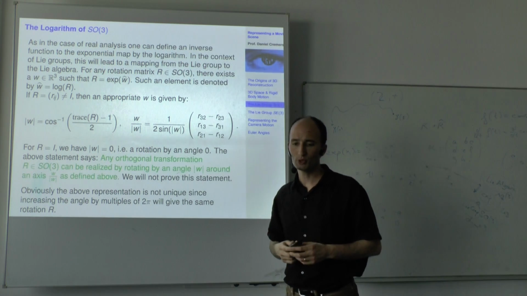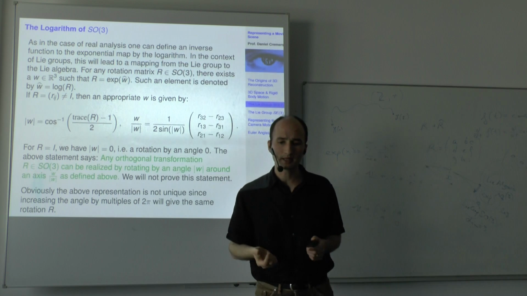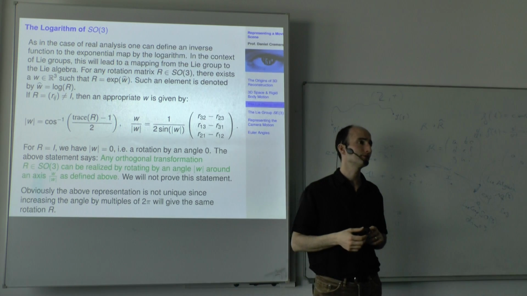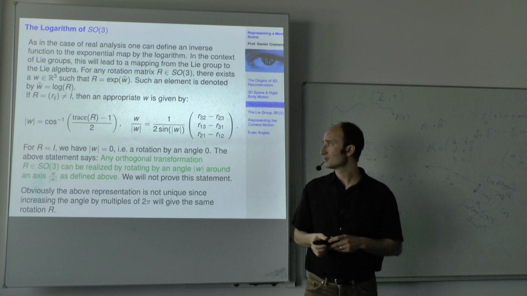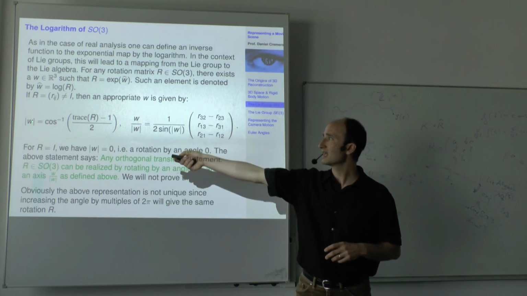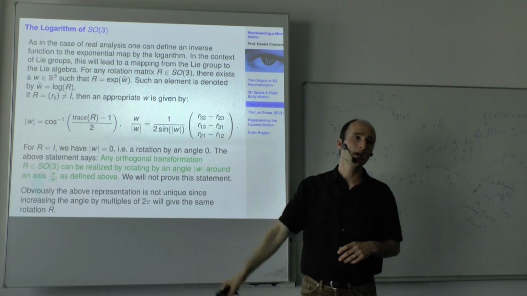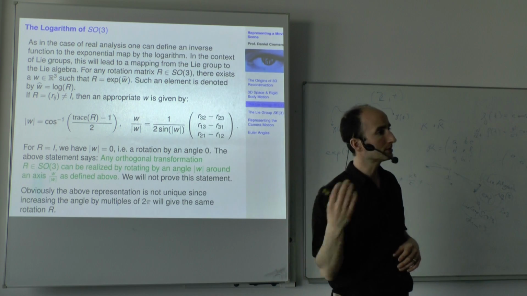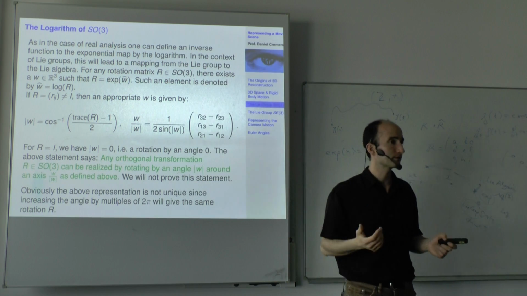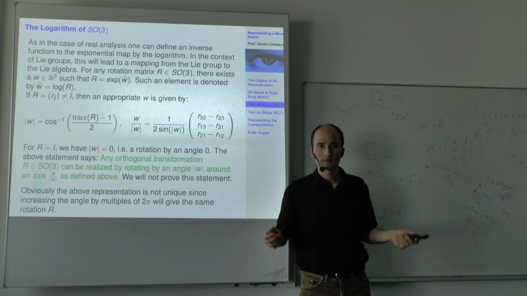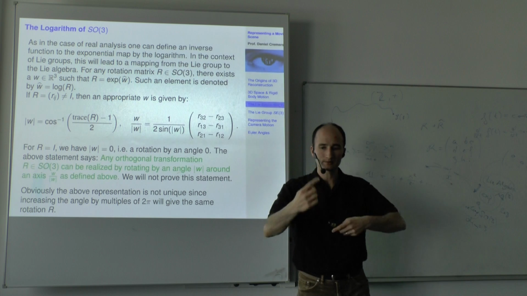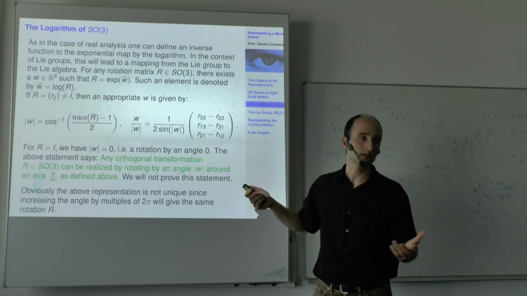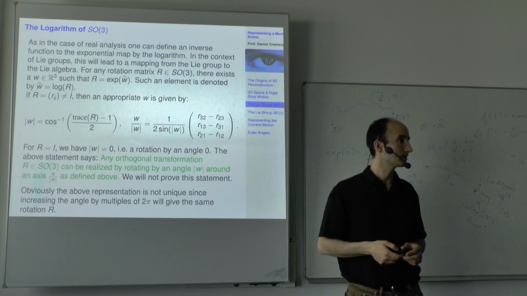One thing that is important when you work with exponential maps and logarithms is that there is no uniqueness in general. As you know, if I take the same angle of rotation and add 2 pi or multiples of 2 pi, multiples of 360 degrees, I get the same rotation. If I rotate around a full circle, it doesn't affect things.